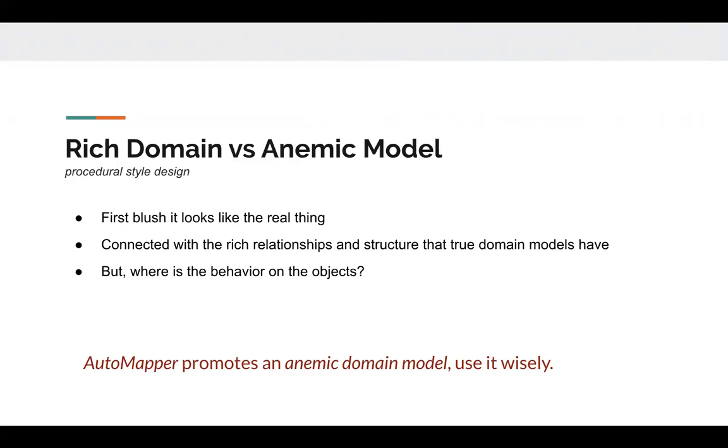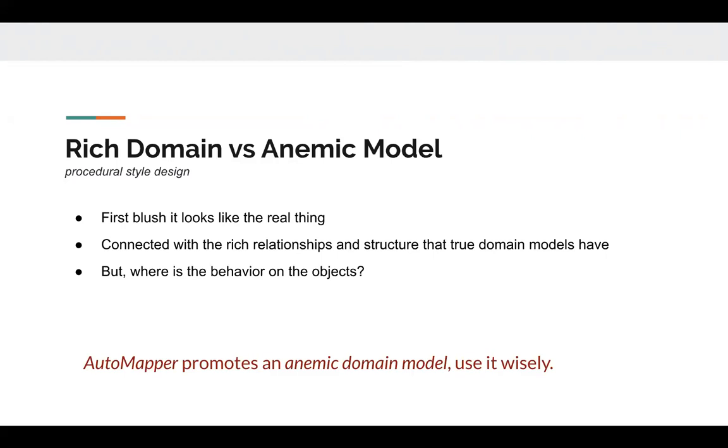That might be useful. But the changes that you make to your actual domain objects, you want those to be running through your business logic. I'm sure we'll talk more about that. We're going to talk more about that, yeah. But you never want to create your domain entities or value objects using AutoMapper, as an example.